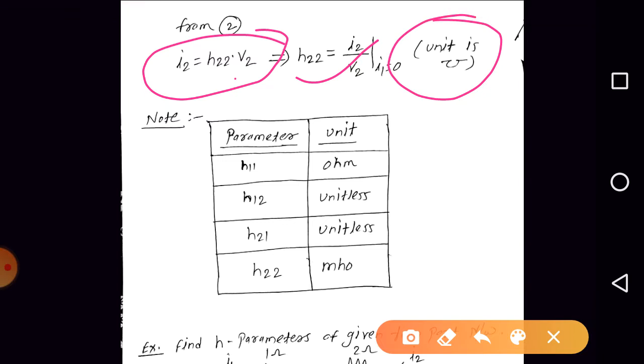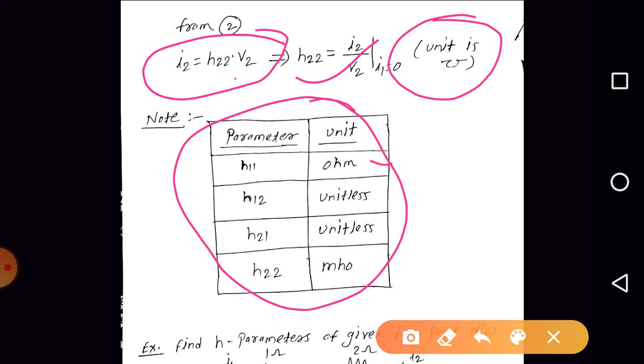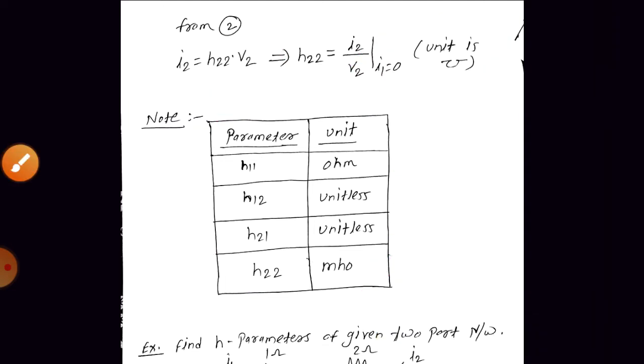We need to remember these units: H11 is ohm, H12 is unitless, H21 is unitless, and H22 is mho. They have asked MCQs, multiple choice questions, on the units of the H parameters and the ABCD parameters also.